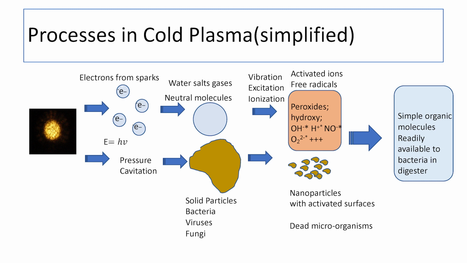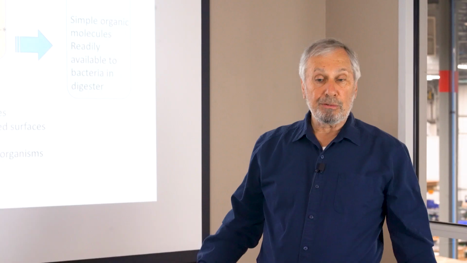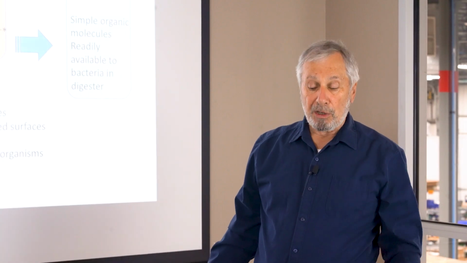It then goes through and reacts with all the components of the plasma. You can produce nanoparticles, you kill all your organisms, and we get simple molecules which are readily available for bacteria in a digester example, or for other chemical reactions, or if you really want to treat it, you can take it right through to carbon dioxide and water.